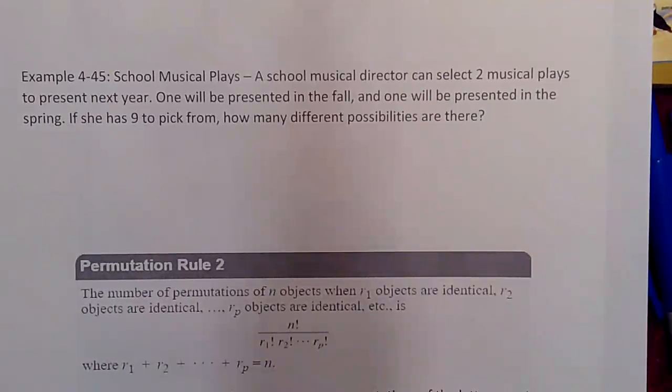School musical plays. A school musical director can select 2 musical plays to present next year. One will be presented in the fall and one in the spring. If she has 9 to choose from, how many different possibilities are there?